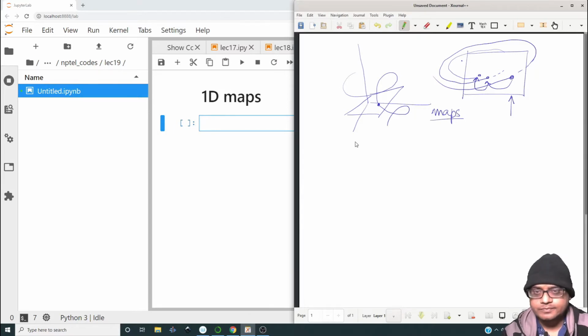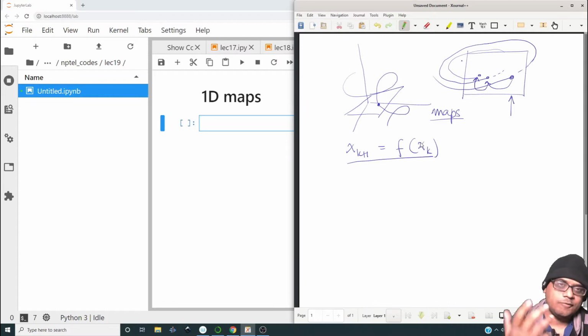All right, so we say that x k plus 1 is f of xk, where xk is mapped to xk plus 1. In the context of one-dimensional maps, these are just points on a line, and we will look at the evolution of this. We have seen examples of this when we analyzed the nonlinear solvers, algebraic solvers, and how it led to oscillations.